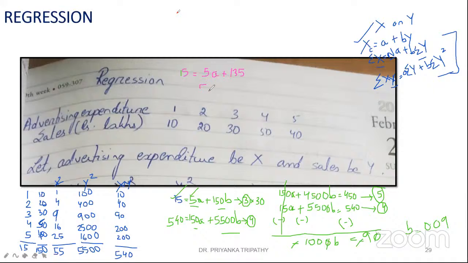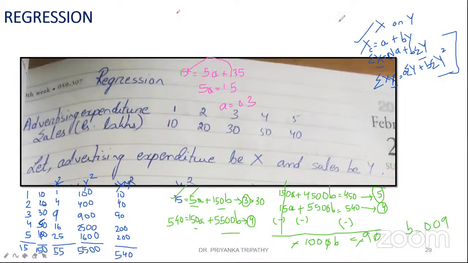Now 5A, if I bring this 13.5 this side, so what it will be? 15 minus 13.5, that will be 1.5. So 5A will be 1.5. What will be your A? A will be 1.5 divided by 5. That will be 0.3.